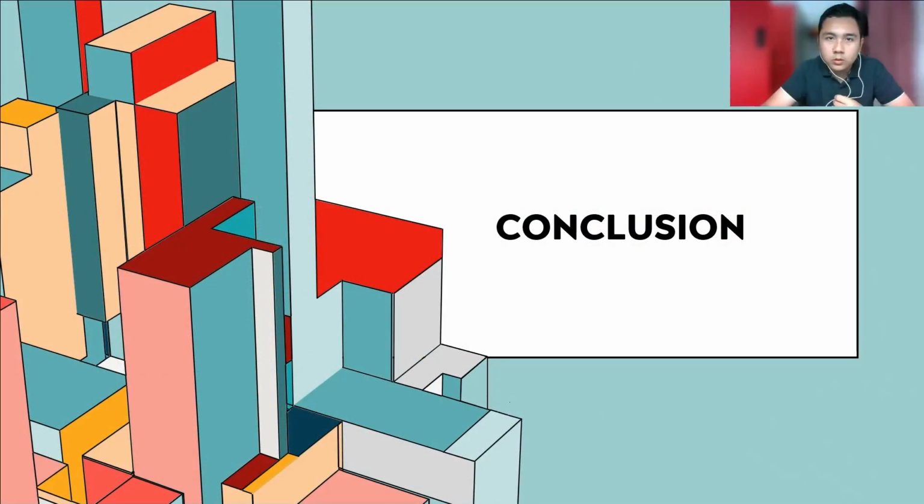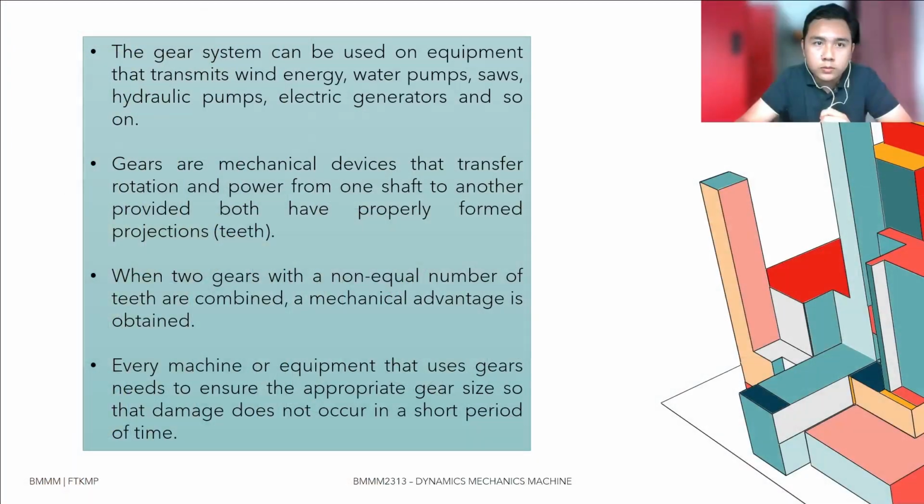Okay, next is the conclusion. First, the gear system can be used on equipment that transmits energy, such as water pumps, hydraulic pumps, electric generators, and so on. Number two, gears are mechanical devices that transfer rotation and power from one shaft to another, and both have properly formed projections, the teeth.